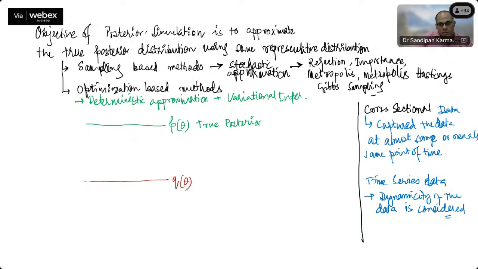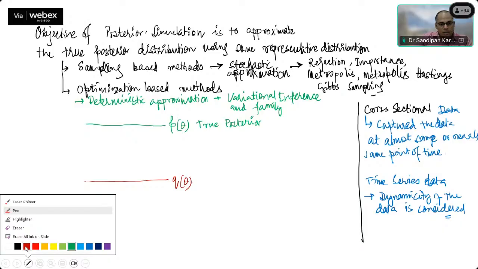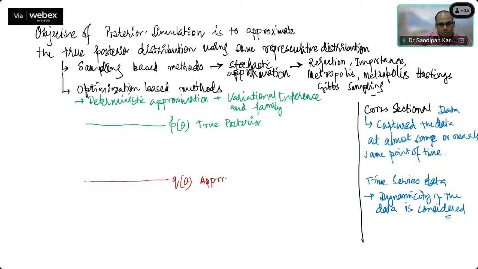We have the true posterior and this approximate posterior, or representative. Our aim is to bring this q theta to reach this p theta, right? So we are creating a lower bound.